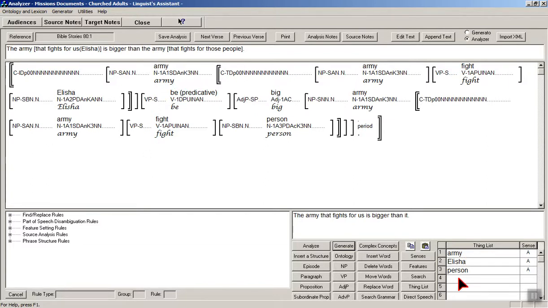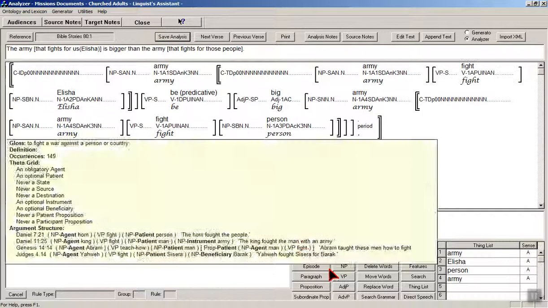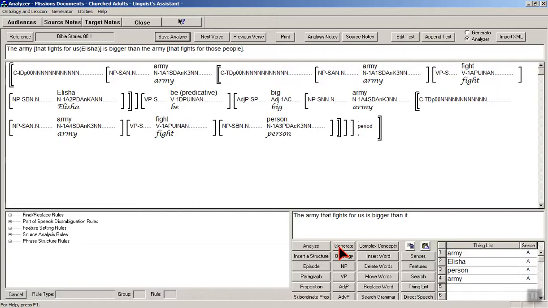So to do that, I click in the fourth row, and now I'm going to click on these instances of army, which is the other army. And now I'm going to generate again and see if that fixes it. So the hourglass symbol is showing the computer's working.